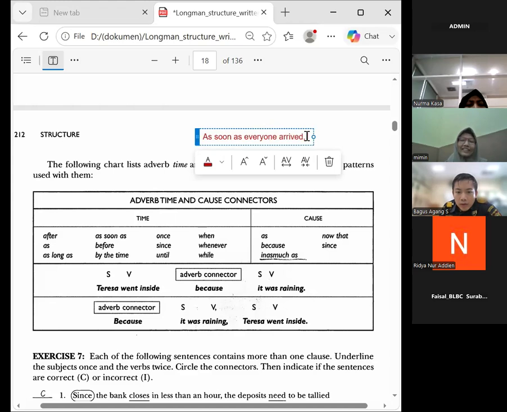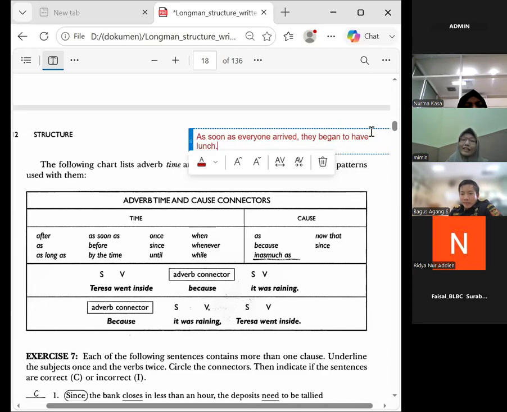Kak Rini, can I hear your voice? Okay, maybe Kak Ridia. Yes, ma'am. Can you continue my sentence? As soon as everyone arrived, they start lunch. Okay, they began to have lunch.